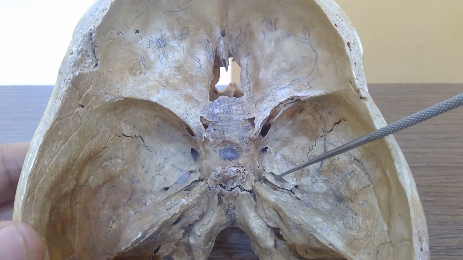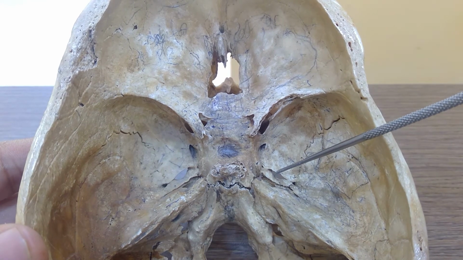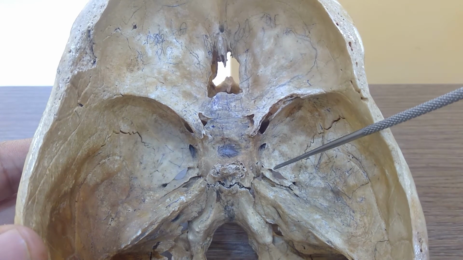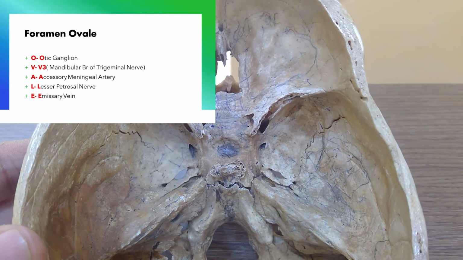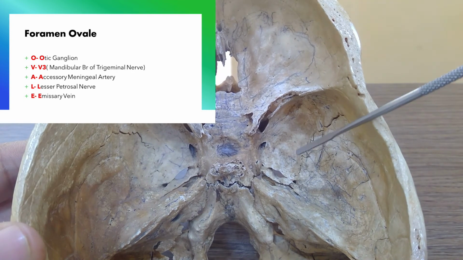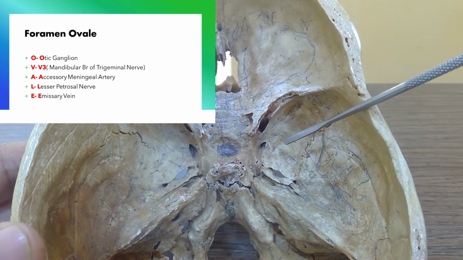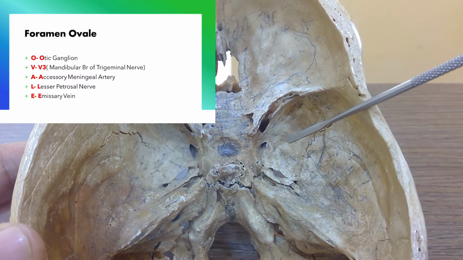Now when we talk about structures passing through foramen ovale, as you can see this oval foramen, remember ovale, O-V-A-L-E. O stands for otic ganglion, which lies just underneath this foramen. V stands for V3, which is the mandibular branch of the trigeminal nerve.